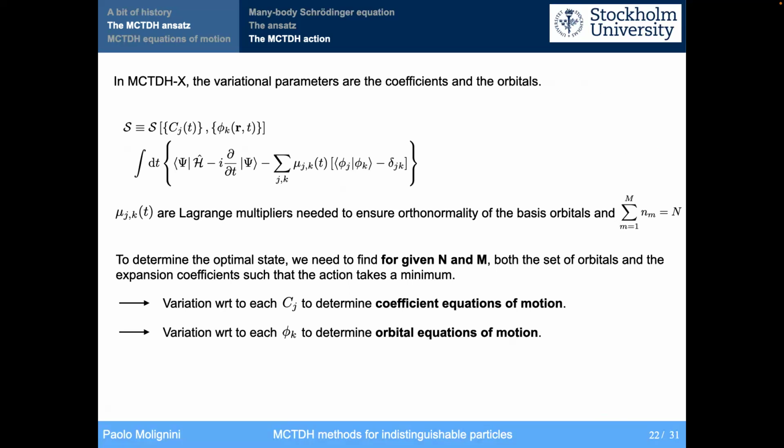And then you just solve them with your optimal integrator. But they are coupled. So you first need to do a step procedure for the integrator. You first solve a bit of the coefficient equation of motion, and then use the result to plug into the orbital equations of motion, and then solve a bit of that, and then you get the next step for the coefficient, you solve that again, and so you have to do it like that.